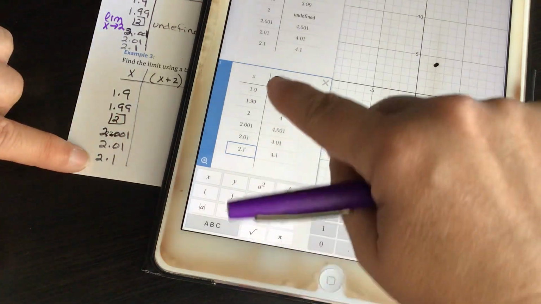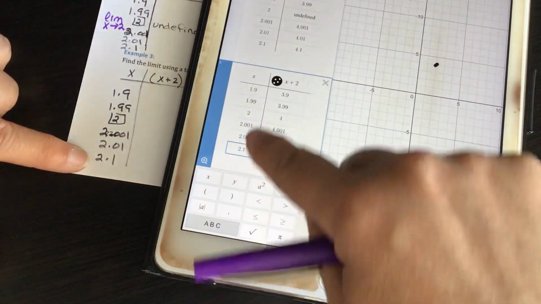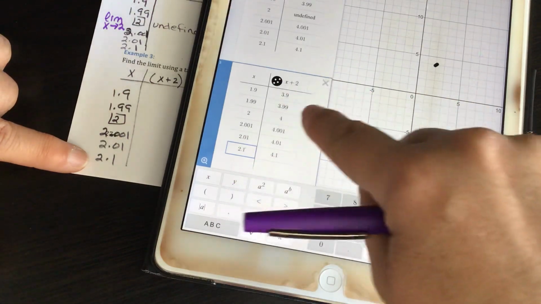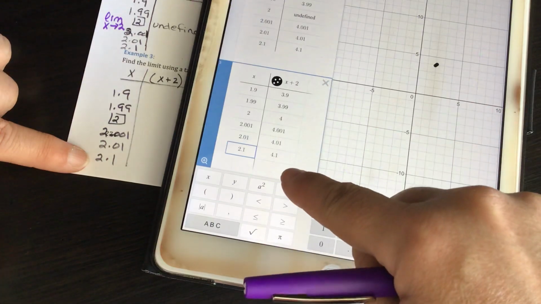Okay, so these are my x values, plug into the equation, and I get this set of y values out.